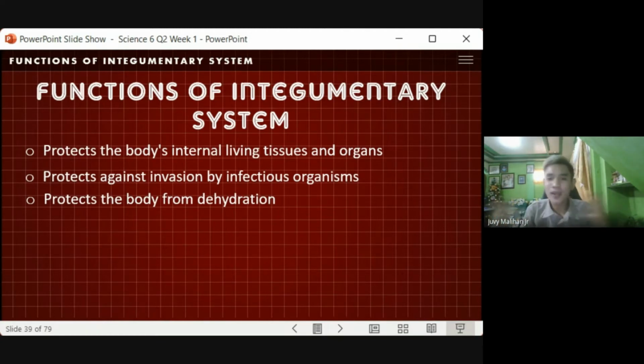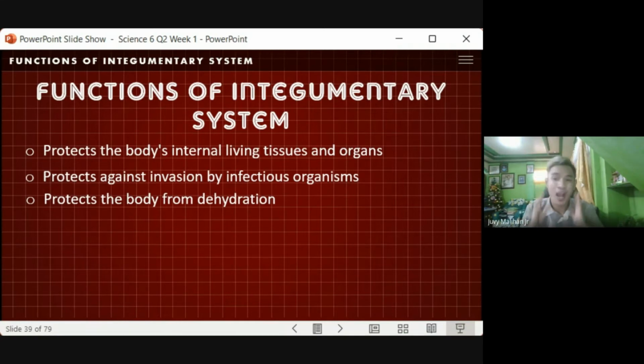As I said a while ago, class, the integumentary system consists of the skin, the nails, the hair, glands, and nerves. So among these, sa skin, sa hair, sa nails, sa nerves, sa glands, what do you think protects the body from dehydration? Very good.